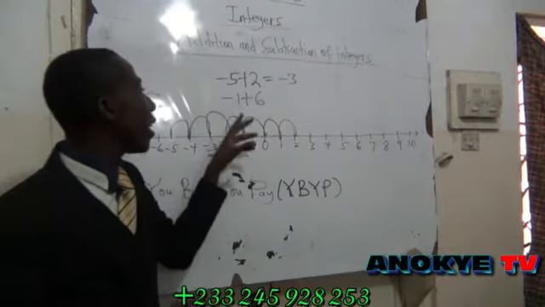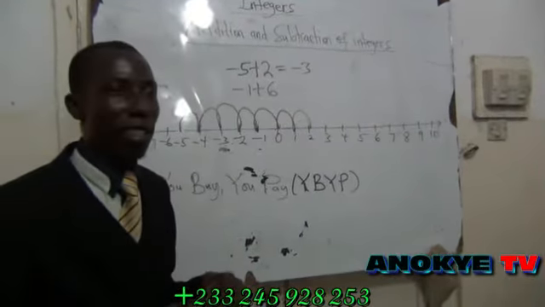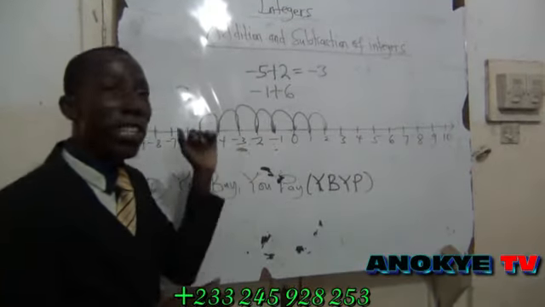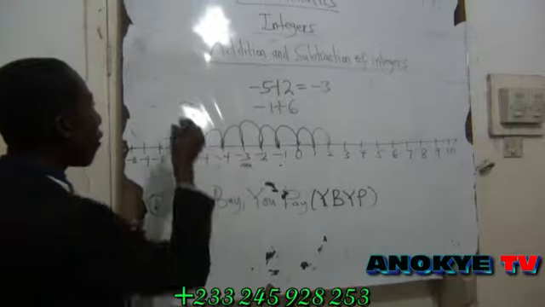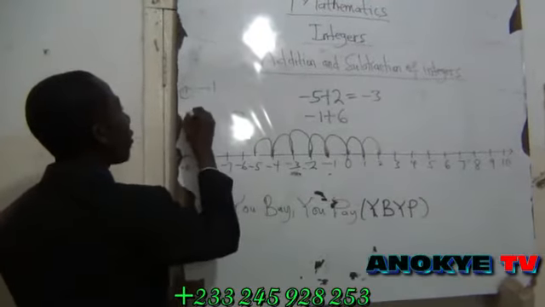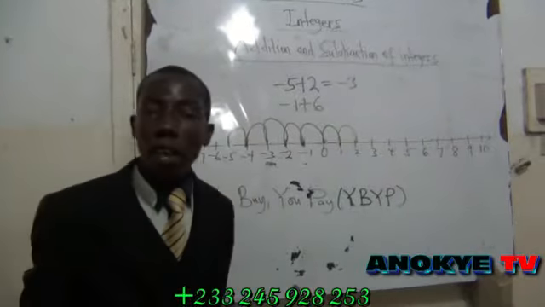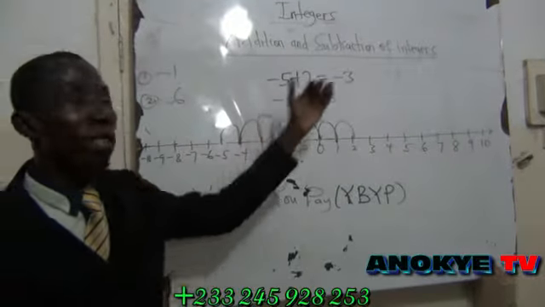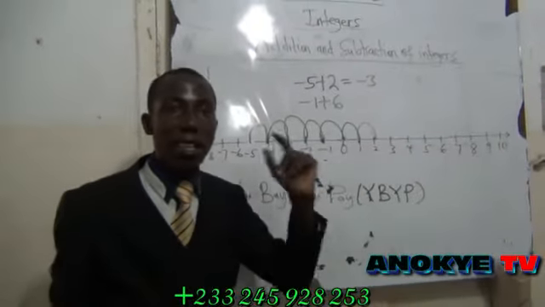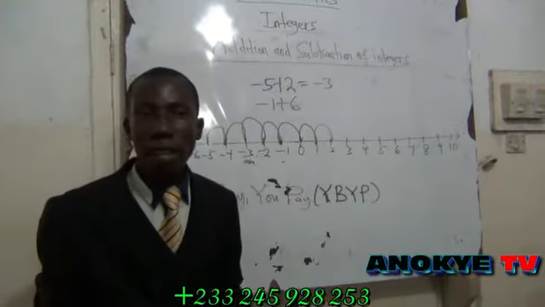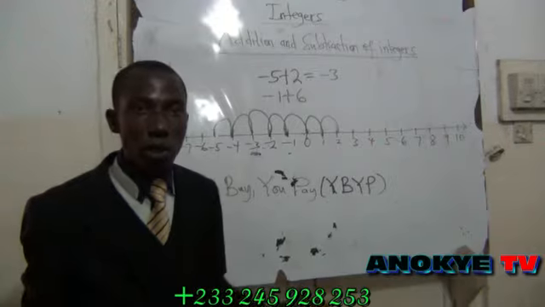I have -1 plus 6. If you want to use the number line, break the numbers into 2. You have -1, then you have 6. Stand on any of them and move to the second one. And as I said, if the second one is positive, move to the right. If it is negative, move to the left.